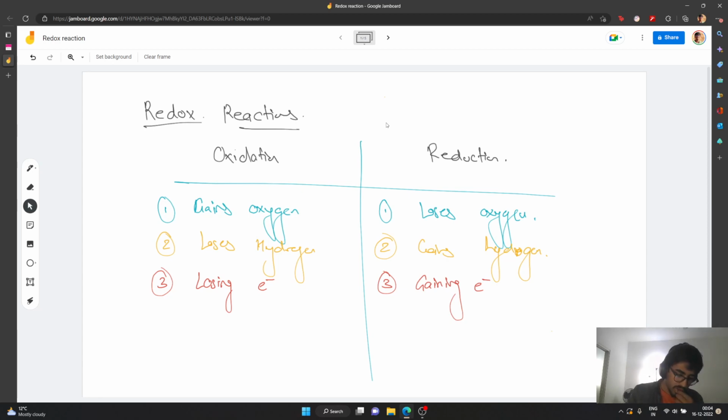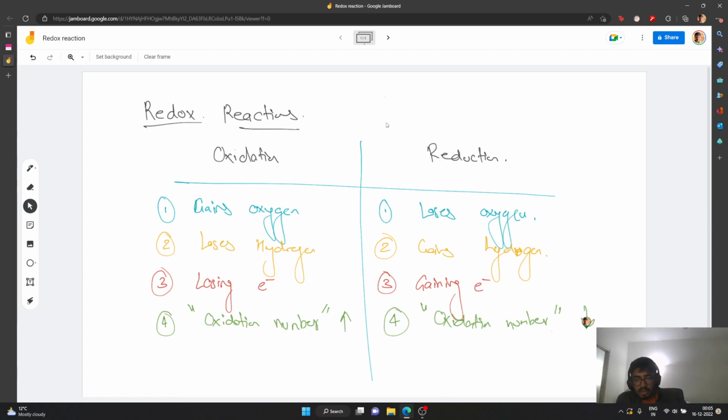We'll just say that oxidation is when the oxidation number increases, and reduction is when the oxidation number decreases, right? This will be the simplest definition that we'll try to use everywhere.